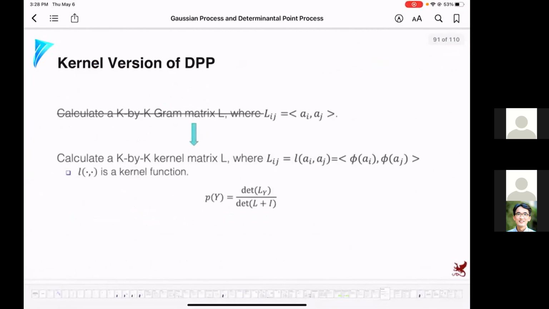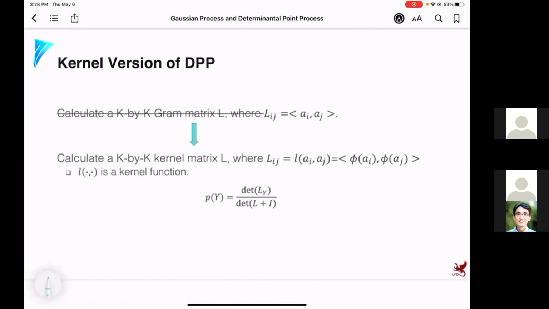So yeah, we have covered the intuition and the simple setup of DPP. There are some improvements we can make over the simple setting of DPP. For example, we can consider a kernel version of DPP. When we consider the gram matrix of DPP, the simple version just takes the inner product, or the dot product, of the two input representations.